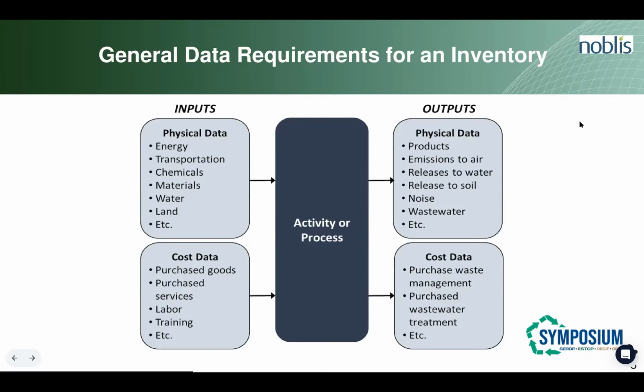These may not be synonymous. You need to be estimating going on. Sometimes you have cost information, sometimes you have physical information, but you need both of these for the analysis. And then you generate outputs again, which is what we talked about before: environmental releases, emissions, and also the cost outputs.